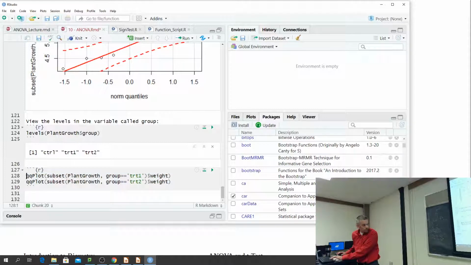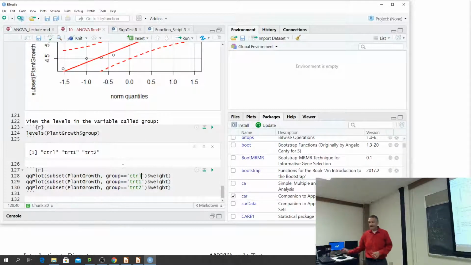I'm going to probably do one first just to make sure it works, and then I copy and paste it however many times I need, and replace each of those spots with the levels that R returns to me.